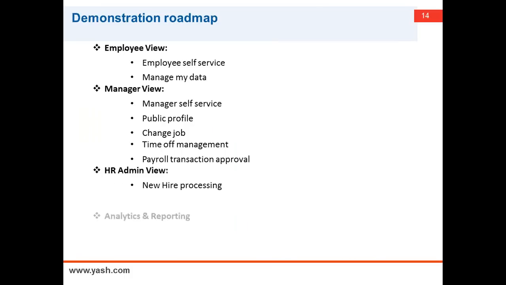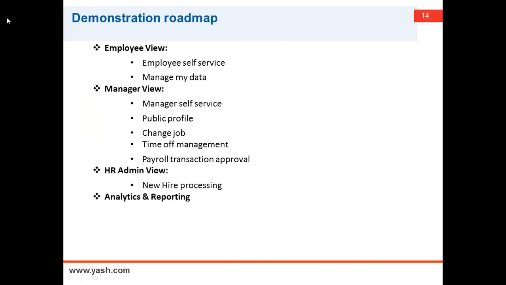I'm just going to go ahead and briefly talk about the demonstration flow for the system demonstration. First, I'm going to get into the employee view, where I'll show you some employee self-service as well as how you're able to manage your own data.